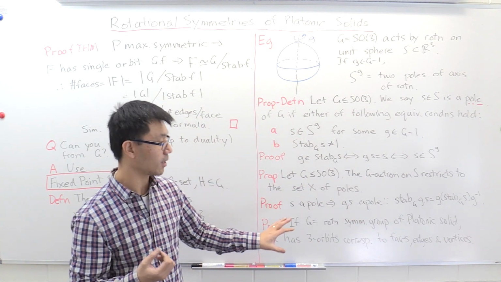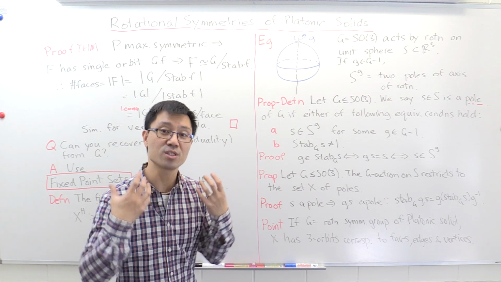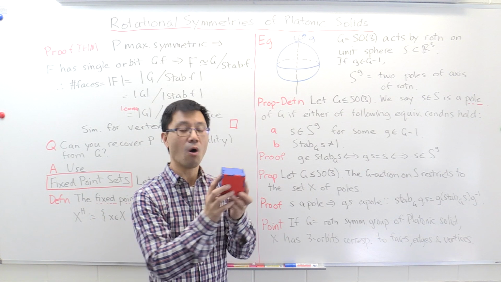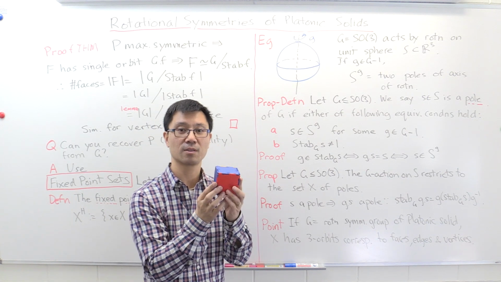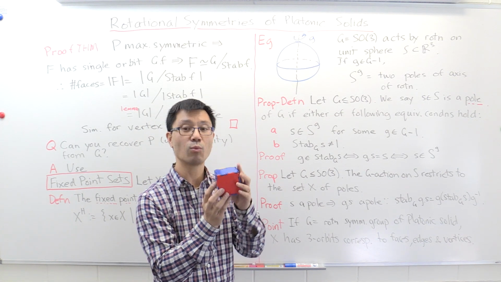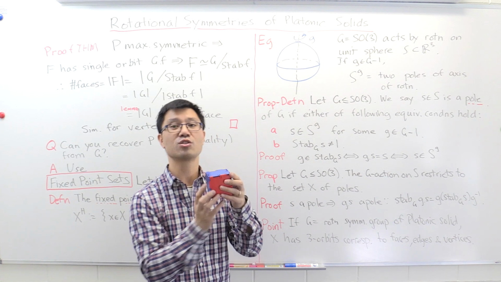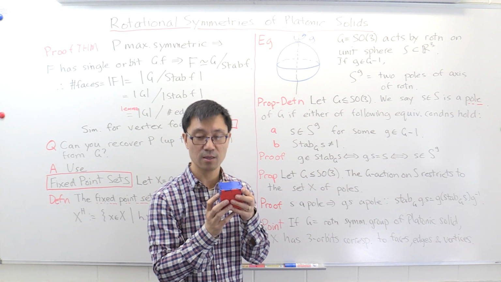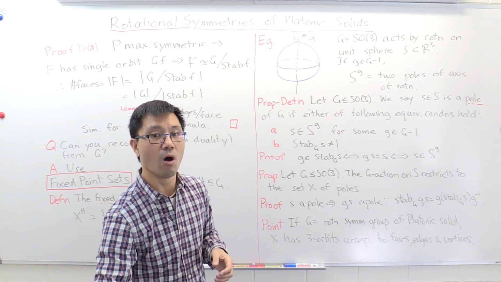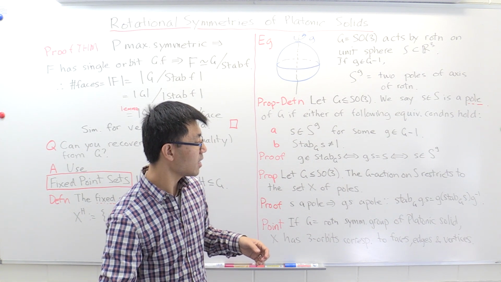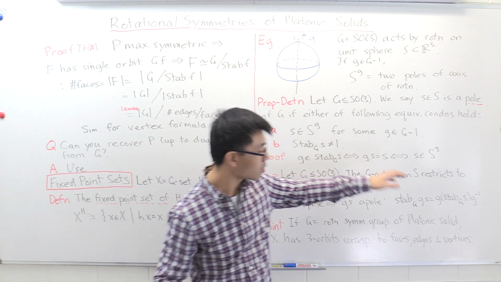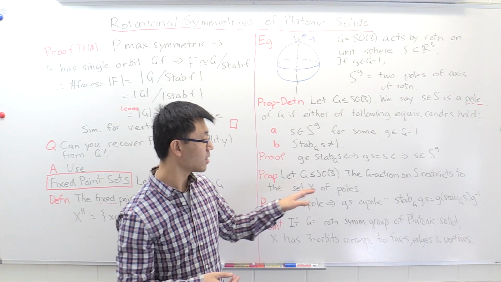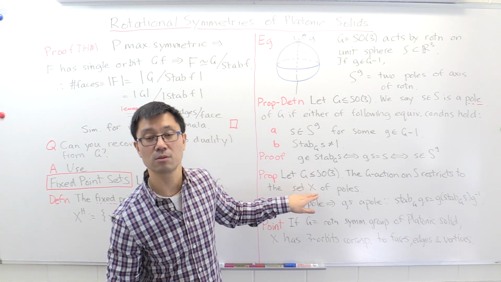And the point is the following, and this is again where we use the maximal symmetry of these Platonic solids. Remember, all the faces look the same. That means you can send one face to another face, and so the corresponding pole also gets mapped in that way. So you'll easily see that all the poles corresponding to faces form one G-orbit in this G-set of poles.